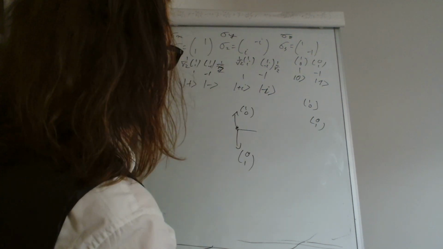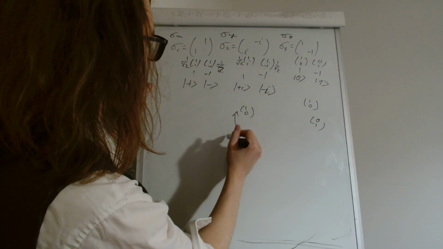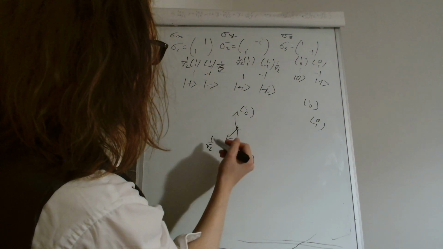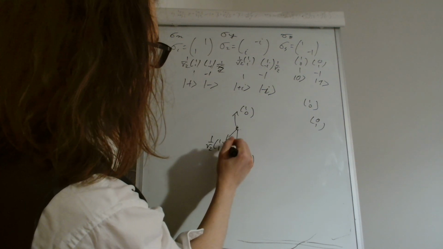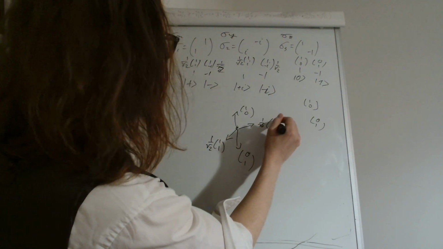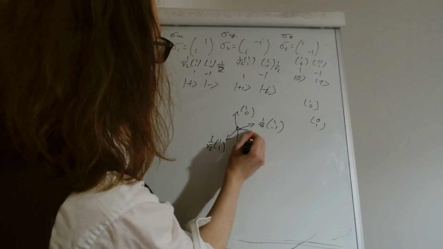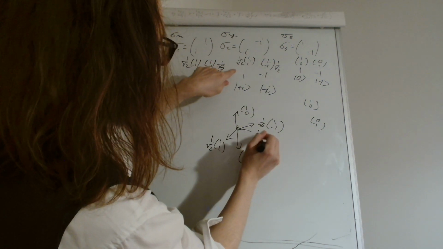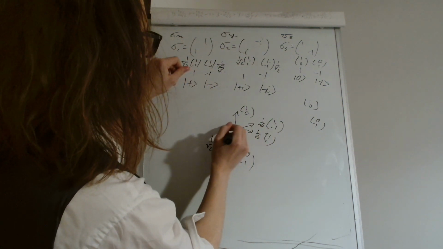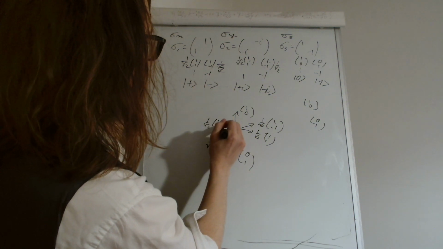So in the x-axis, 1 over square root of 2 times (1, 1), and this one is 1 over square root of 2 times (1, minus 1), and here we have the y-axis, and we have 1 over square root of 2 times (1, i), and 1 over square root of 2 times (1, minus i).